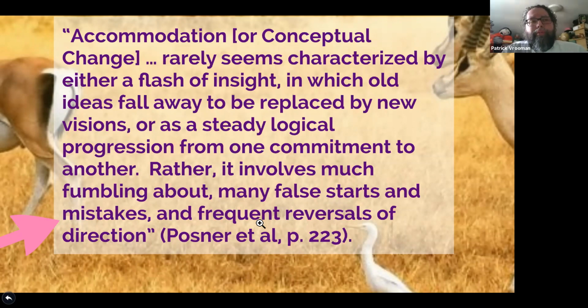You may not have had conceptual change, or you may have had it. How'd you fumble around? What mistakes did you make? What frequent reversals did you make? That would be a cool paper. And with that, I will end and shut up and take any questions or issues or additions. I'm muting myself. Ready? 3, 2, 1.